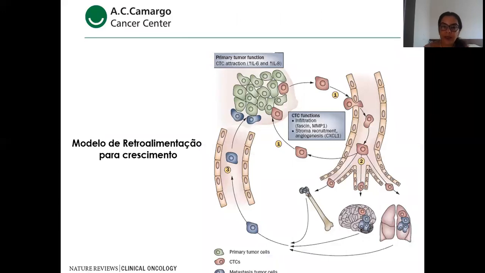But what is the role of the cells in this tumor? We don't know yet. This is the next step. Maybe the cells are collaborating with the growth of the primary tumor, with the theory of self-seeding.